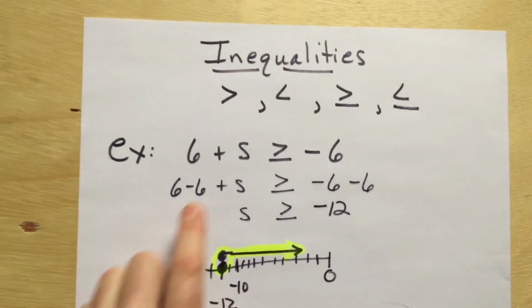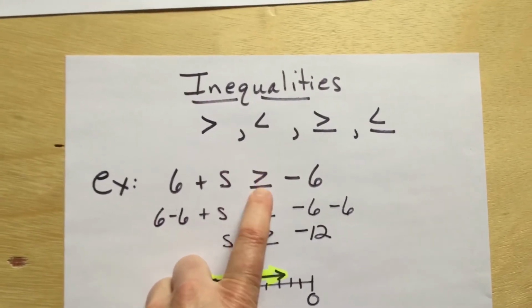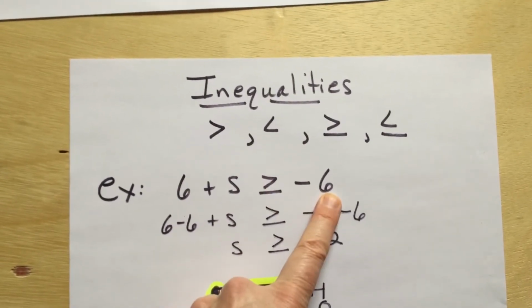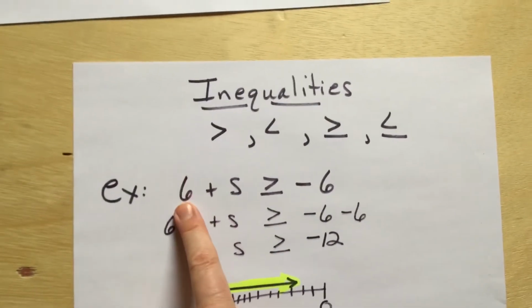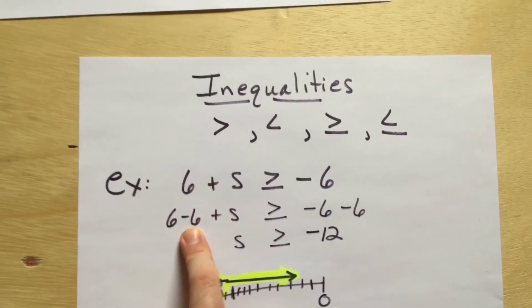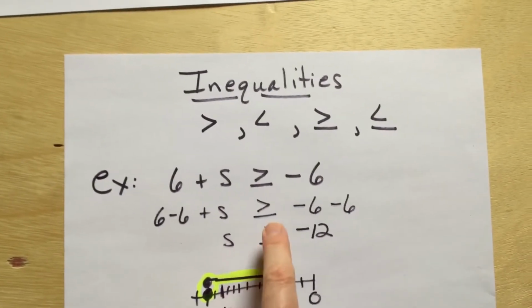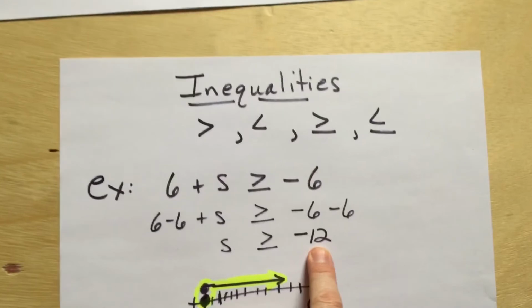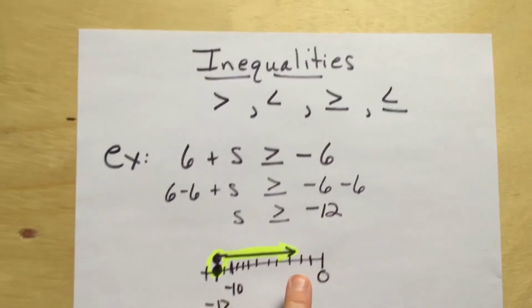Now our problem is 6 plus s is greater than or equal to negative 6. Okay, I want to isolate my s, so I get rid of my 6 by subtracting 6 from both sides. So s is greater than or equal to negative 12. So what does that look like on a number line?